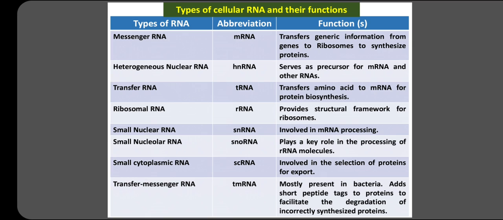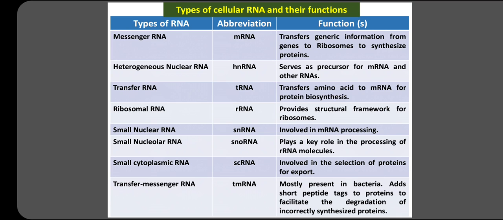The next RNA is transfer RNA. It transfers amino acids to mRNA for protein biosynthesis. Messenger RNA is needed for protein synthesis, and it needs amino acids for protein biosynthesis.